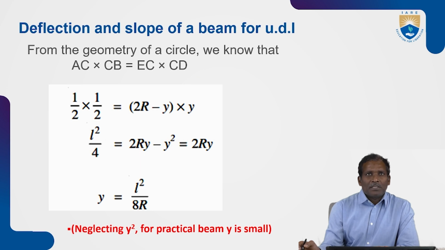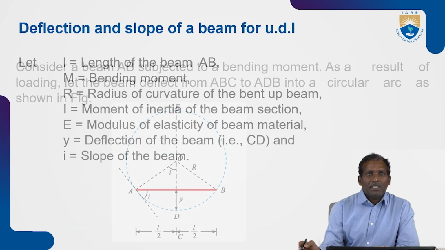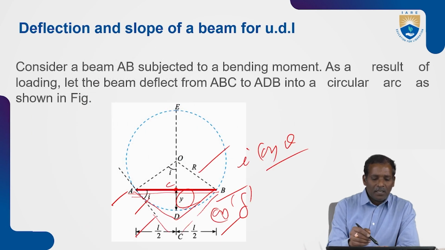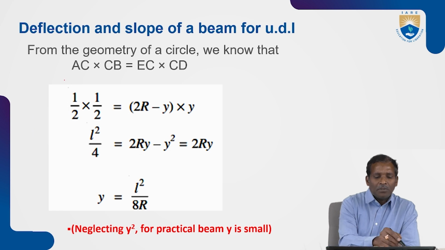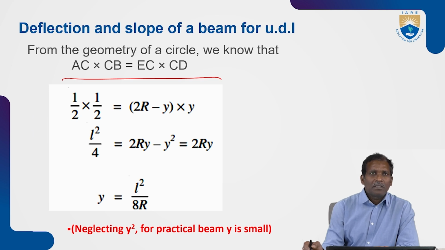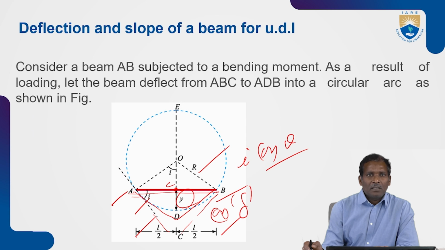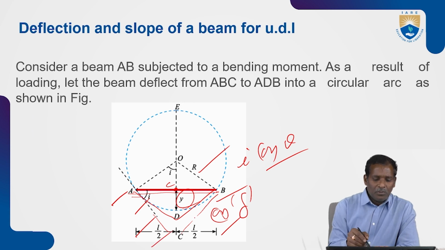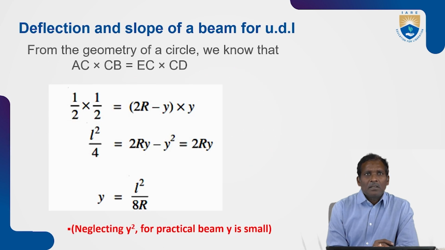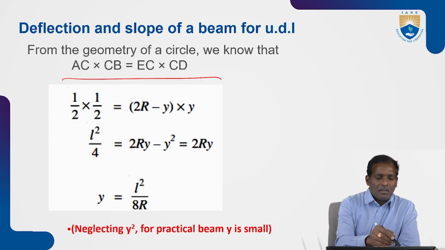So from the geometry of a circle, we know that AC into CB is equal to EC into CD. Now AC is L by 2, the total length is L, so CB is L by 2.